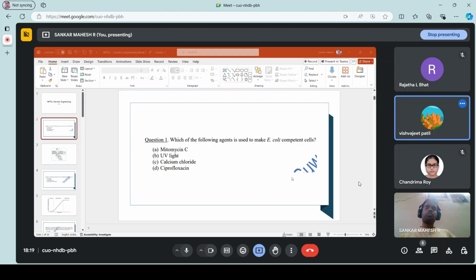So do you guys say calcium chloride helps? Does anyone know how calcium chloride is helping the E. coli cells become competent?